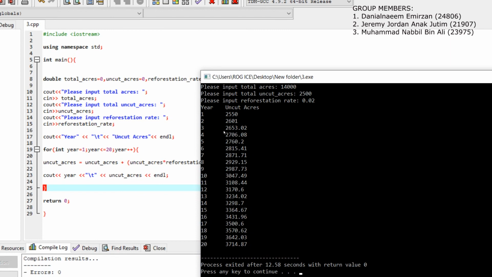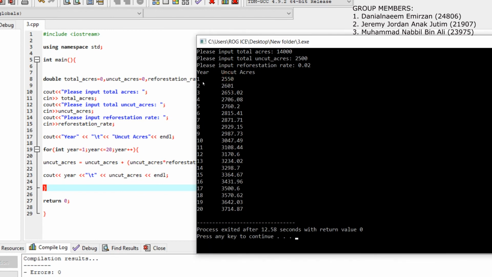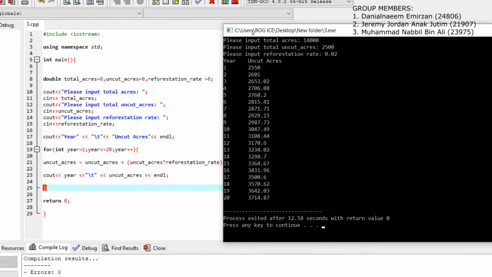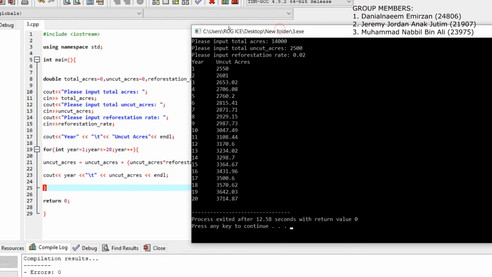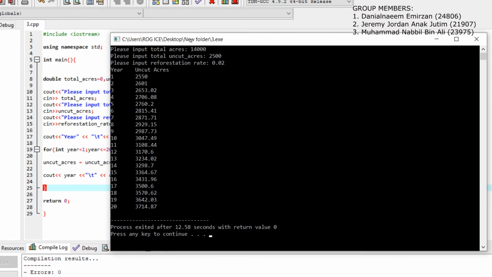And for the year, you can see the year only runs from 1 until 20 because of the condition of the for loop. So after 20 years, the total of uncut areas are 3,714.87. So that's all from us. Thank you.